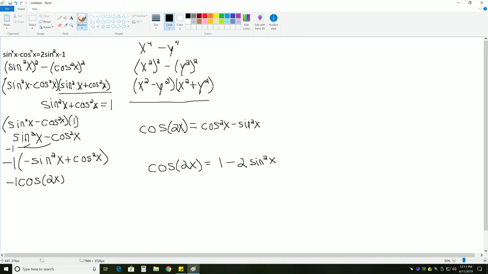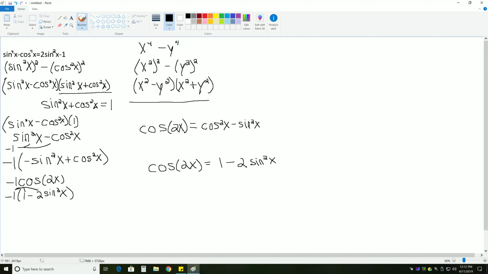The 2 is negative in our problem and the 1 is positive, but we need the 1 to be negative and the 2 to be positive. So if we substitute this in for cosine of 2x, we'll have negative 1 times 1 minus 2 sine squared x.